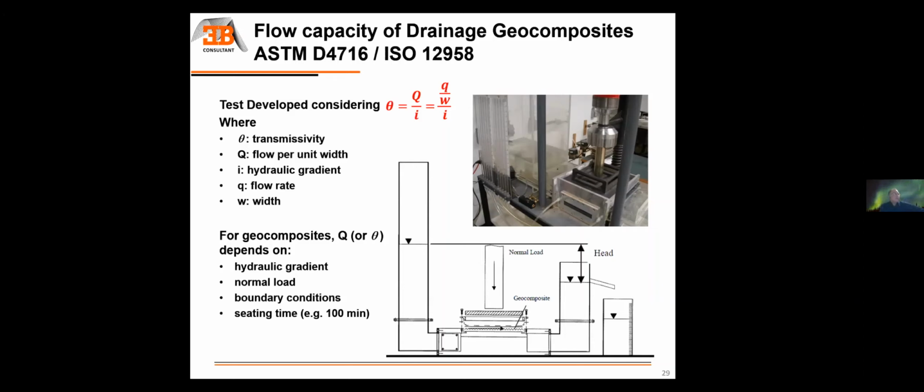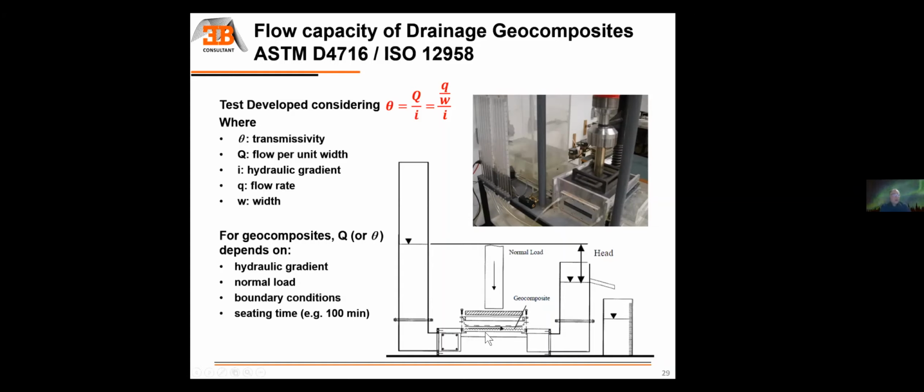The transmissivity is determined with the specimen installed under a piston, so we can control the boundary condition and the normal load. And we set a water head difference between the upstream and downstream side of the geocomposite, and we measure the flow of water through this system.